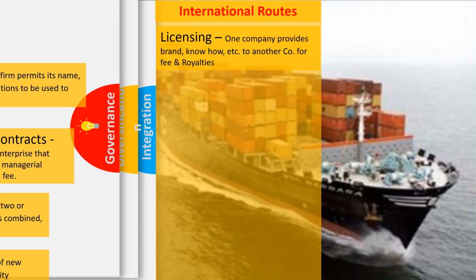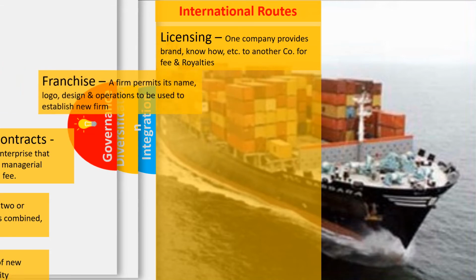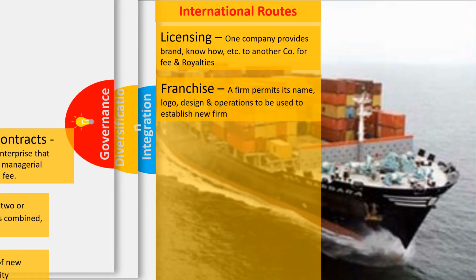So let's look at some of the advantages and disadvantages of a licensor. Again, the franchise agreement, if you're using the example of McDonald's, the franchisee actually has and owns the business.